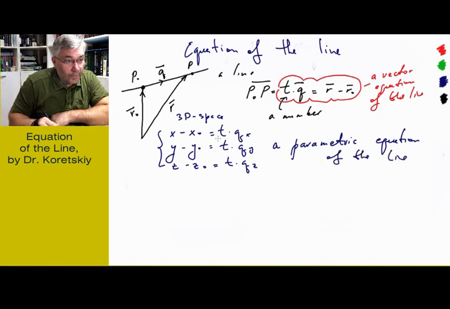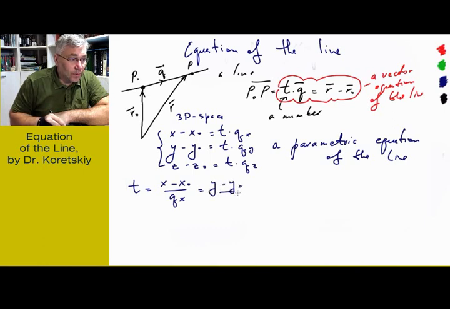But you can notice that all of these three components have the same number t, and t equals x minus x0 over qx.